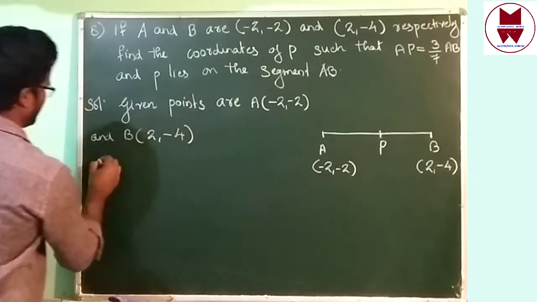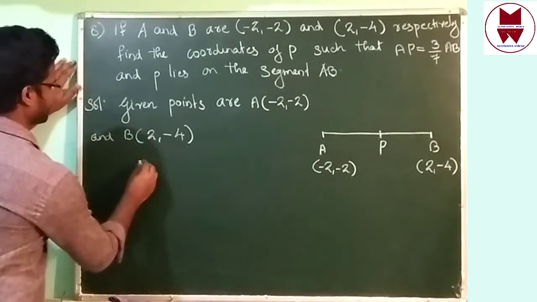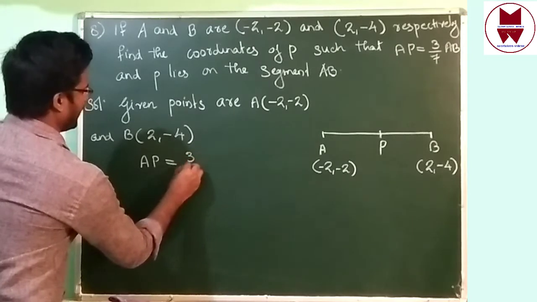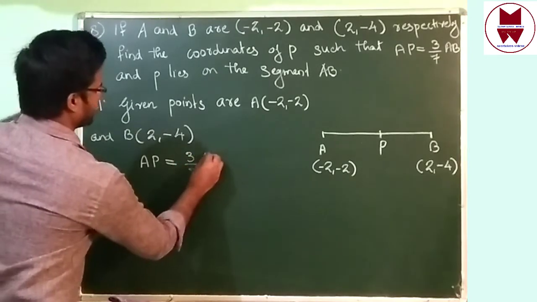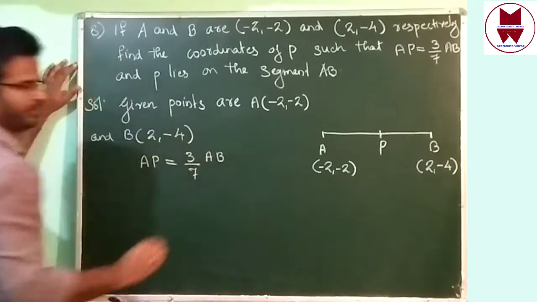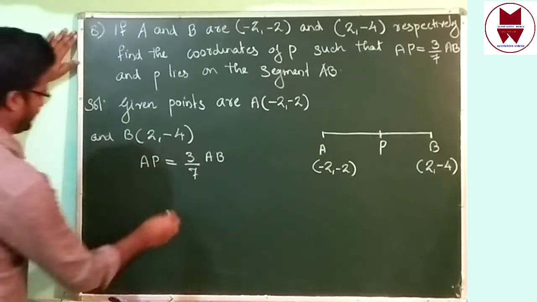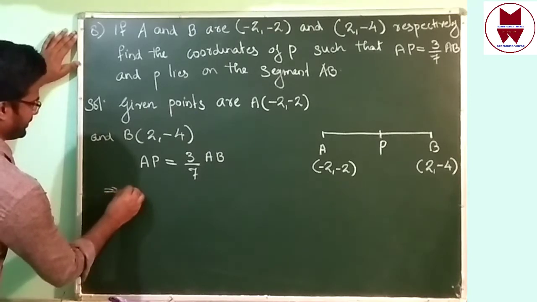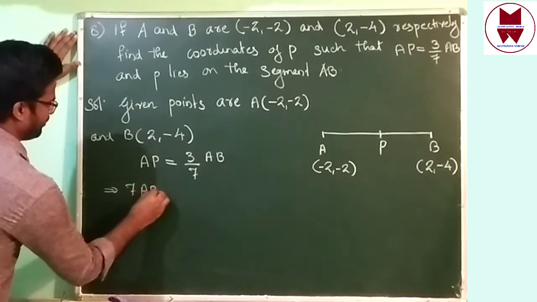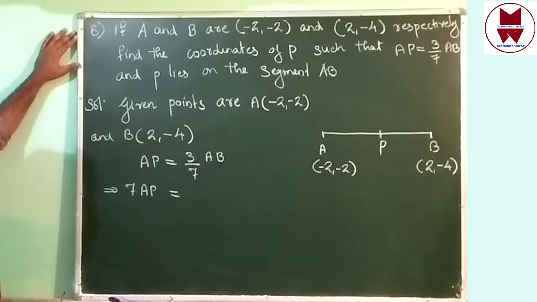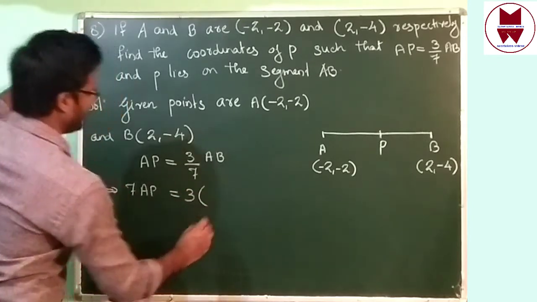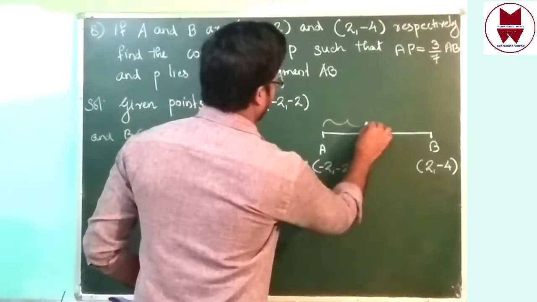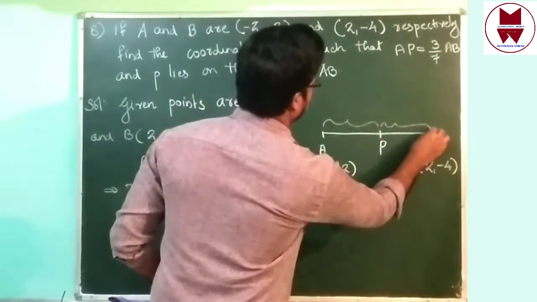And one more thing given, that is AP equal to 3/7 AB, isn't it? And then this 7 bring to the left side, that time we can write 7 into AP equal to, then remaining only 3, 3 into this AB. AB we can write AP plus PB.